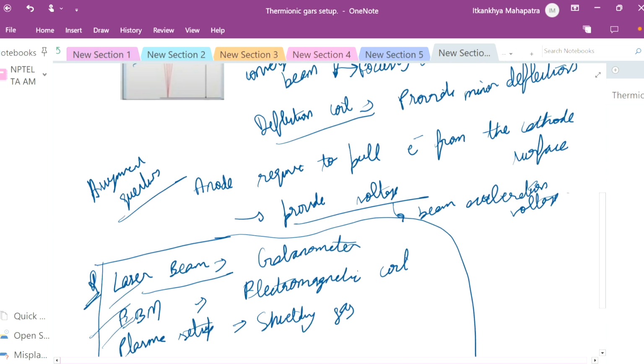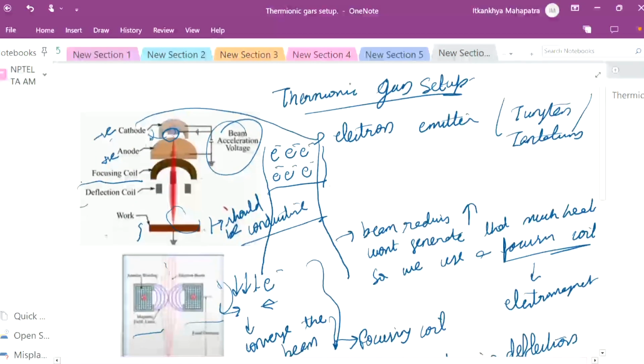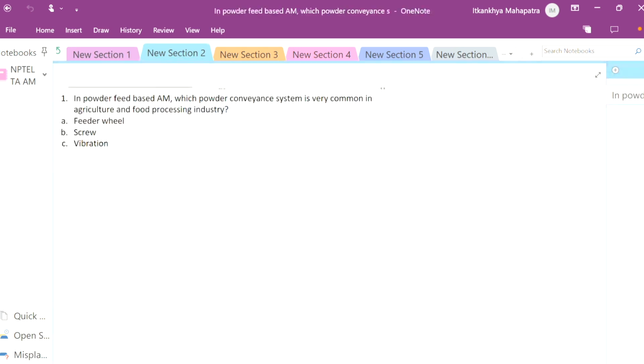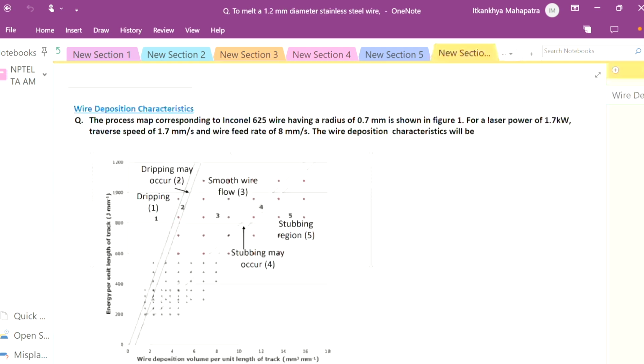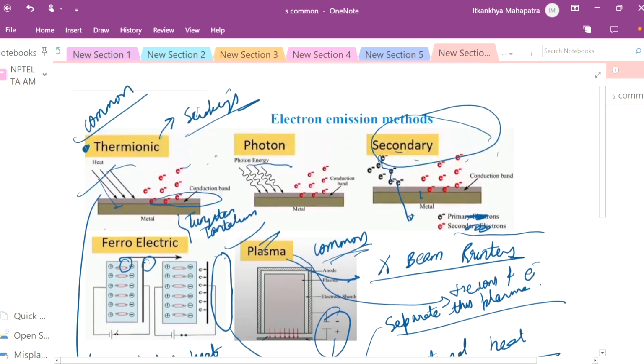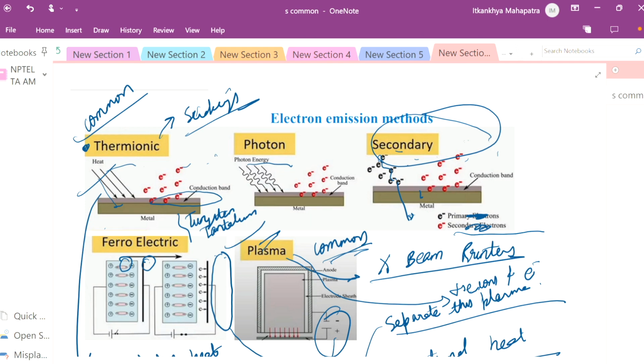So now let's move on to some other questions. Just one more question. Not exactly. You cannot say it corrects the shape. What is your exact point?